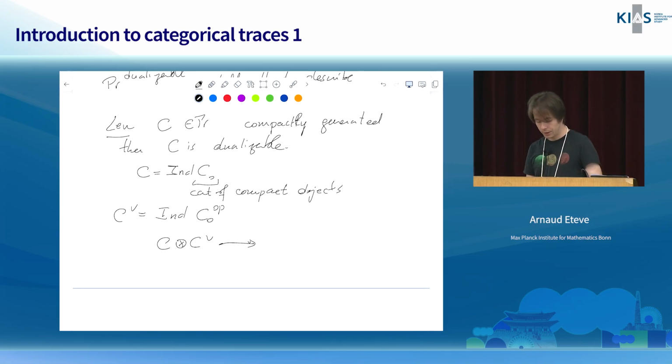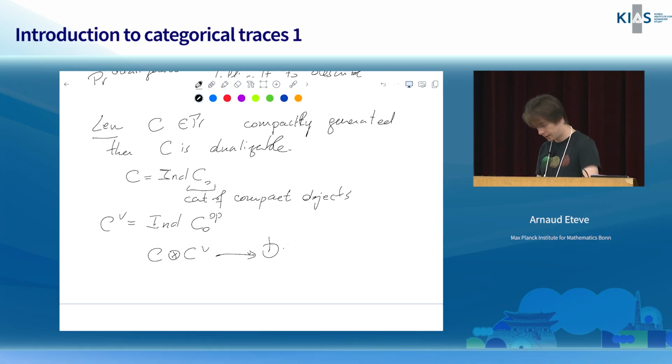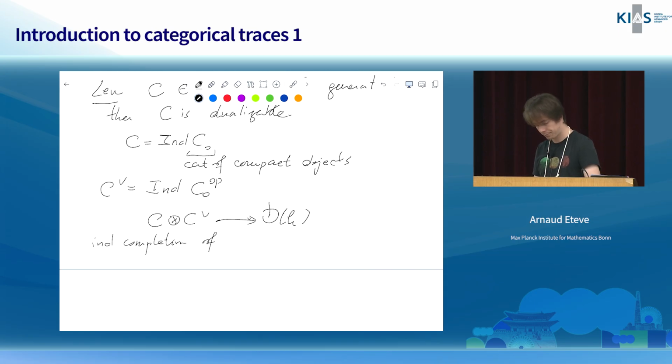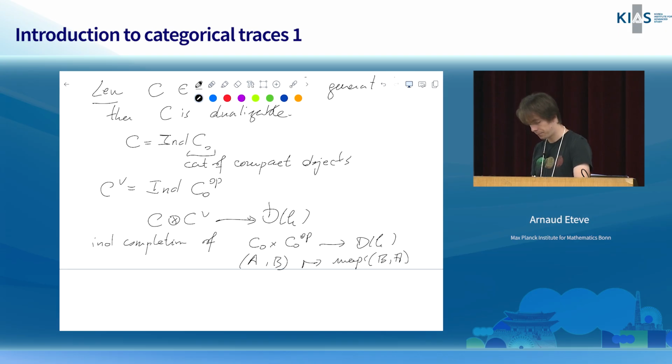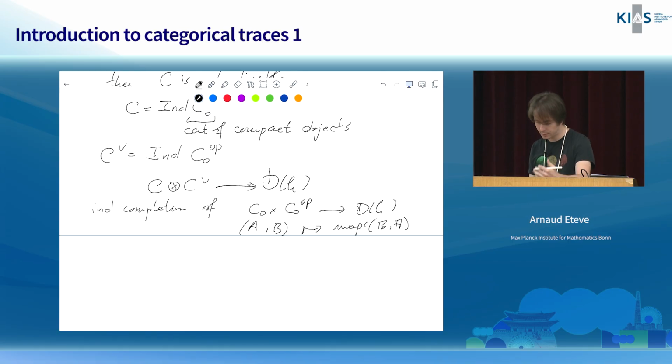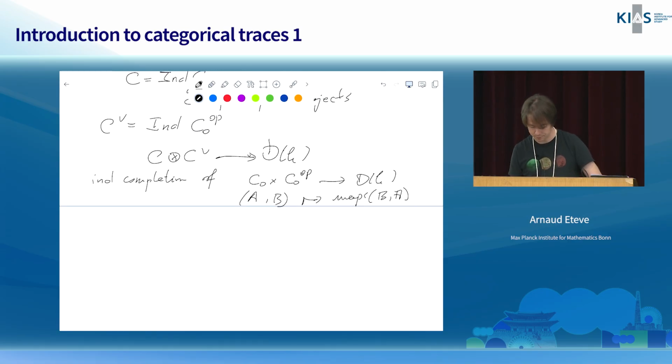Okay, so the evaluation has to be a functor from C tensor C dual down to K vector spaces, and it's given as the Ind-completion of the functor from C0 times C0 up, going to D of K, which sends A, comma B to the mapping space from B to A, which you view as a complex of vector spaces.